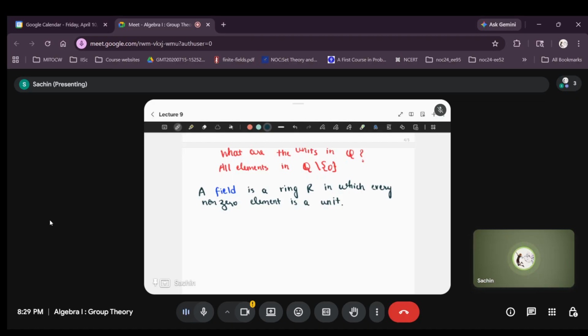So that's why we study these two separately. We don't simply study fields as a type of ring, because that property makes a lot of changes. That's why we study fields as a separate entity.